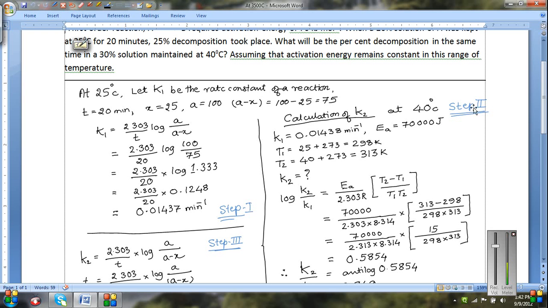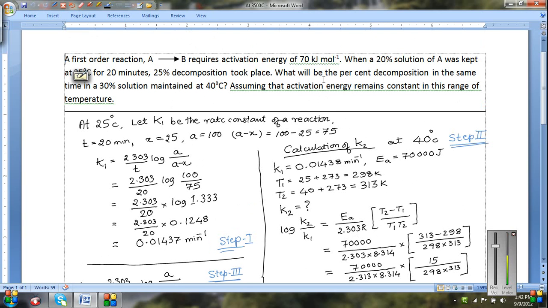This is step 2. We know that K1 is equal to 0.01437 per minute, and it is given that the energy of activation of a reaction is 70 kilojoule, so it is 70,000 joule.